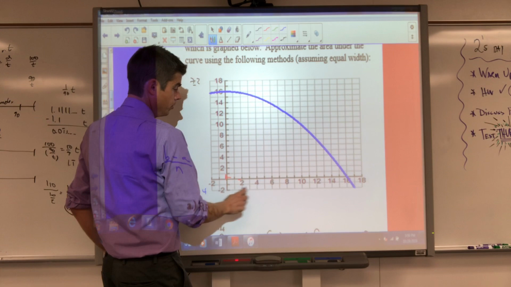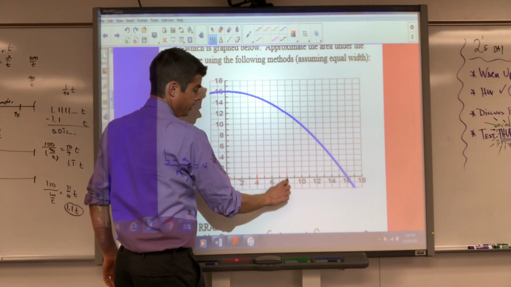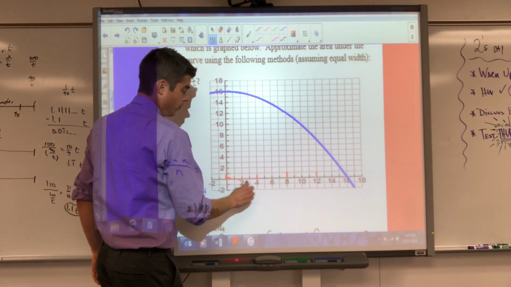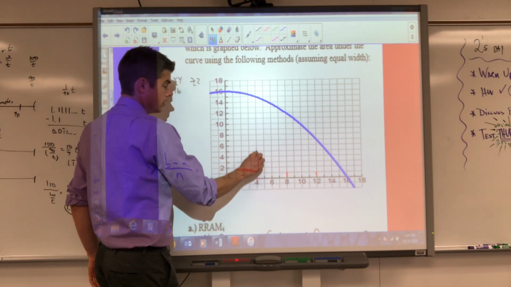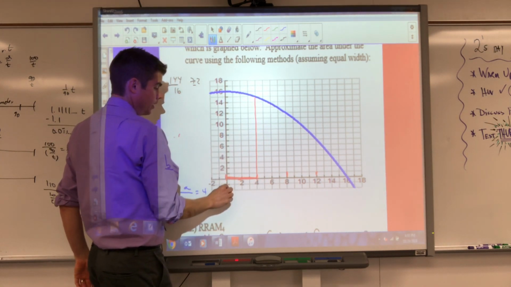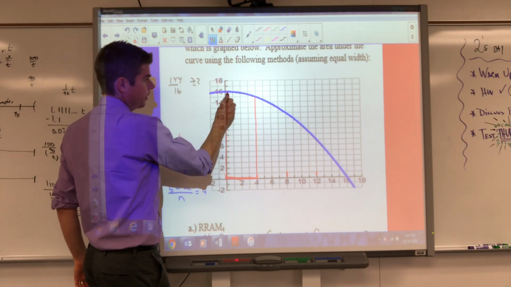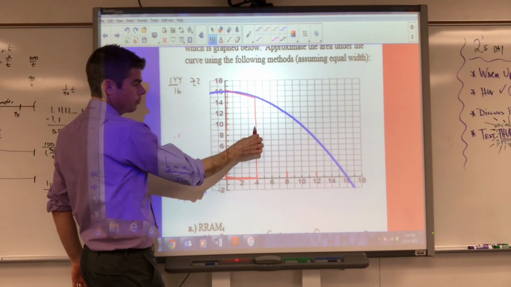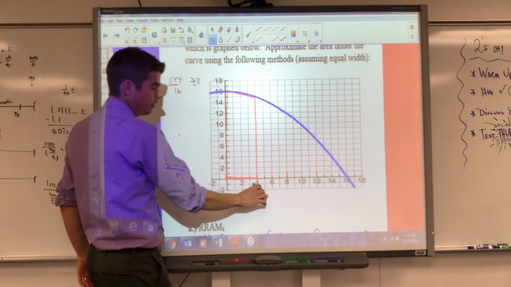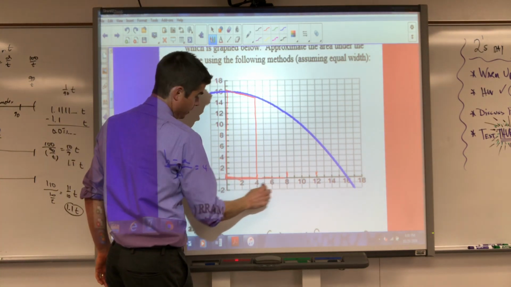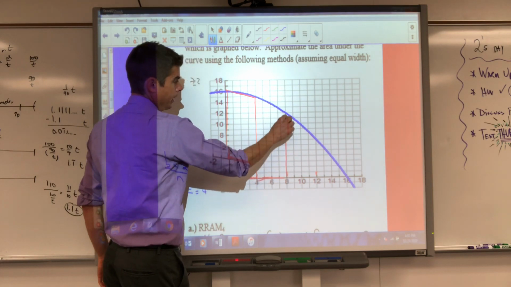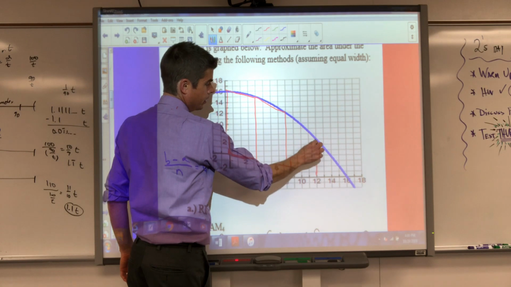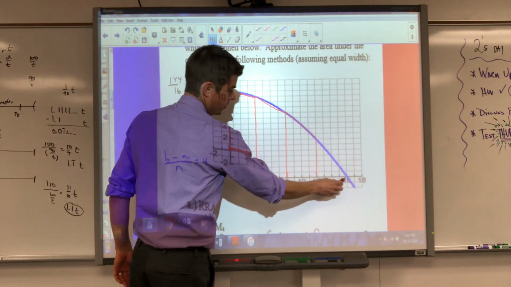So from 0 to 4, 4 to 8, 8 to 12, 12 to 16. So from 0 to 4, for example, I go up that height, I go up this height, and I would connect. I find the area of that trapezoid. 1/2 this plus this times that. And then I go 4 to 8, again a width of 4, up there, there's that trapezoid. 8 to 12, there's that trapezoid, and then 12 to 16.